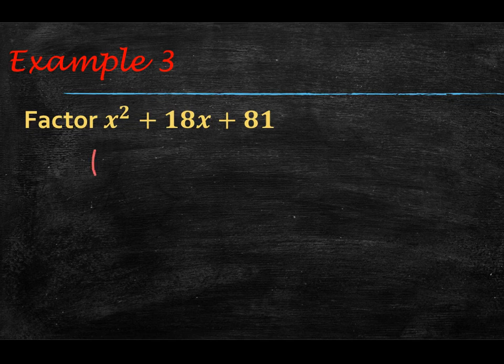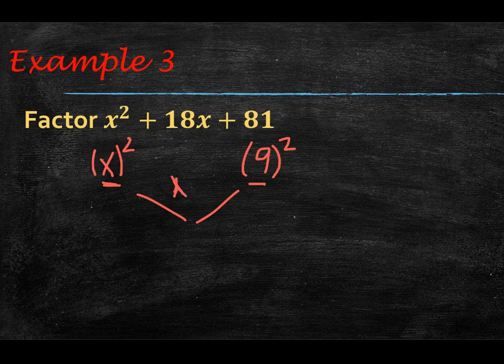So how do I do that? Well, what squared gives you x squared? X does. What squared gives you 81? 9. Okay? Well, x times 9 is 9x. And then if I double it, so times 2, if I double that now, it does in fact equal that 18x.